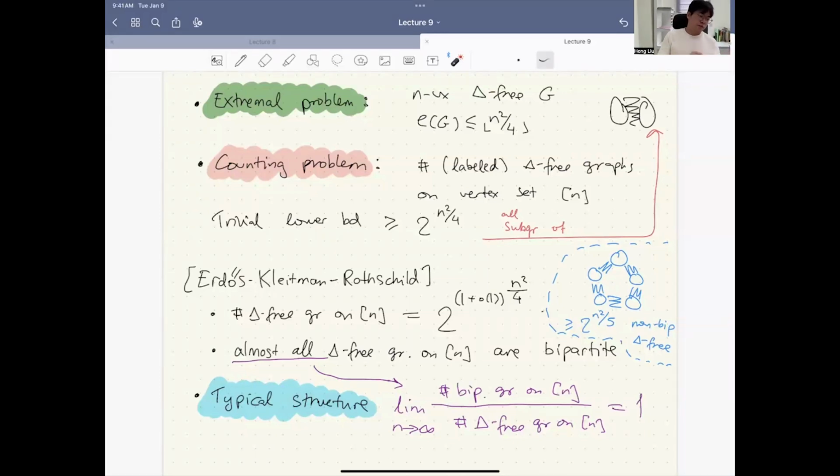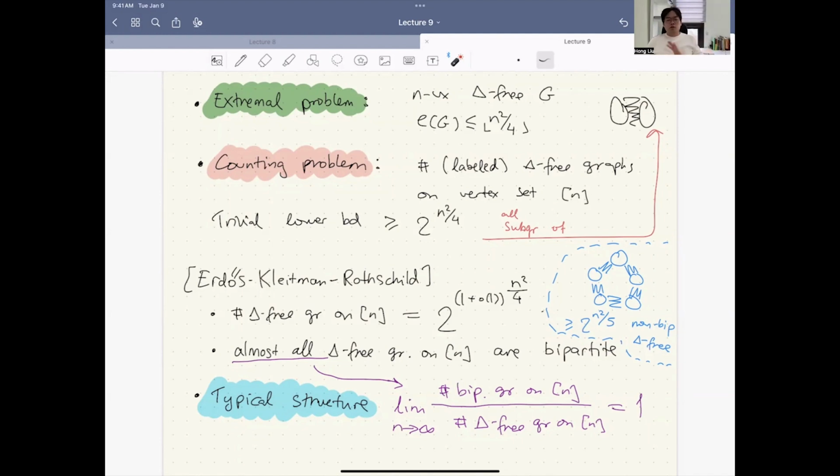So how do we do this? Well, the proof is quite simple, as long as we manage to rephrase counting triangle-free graphs on n as counting independent sets in a certain hypergraph.